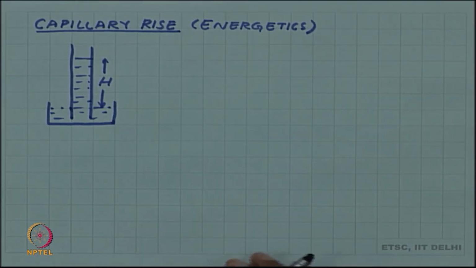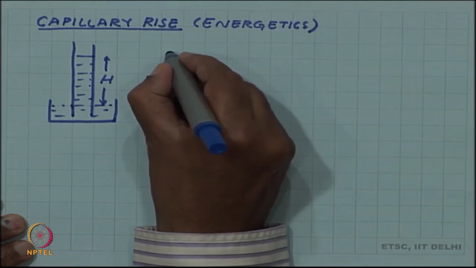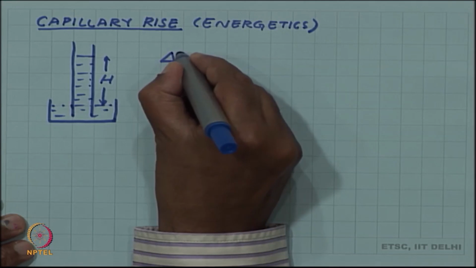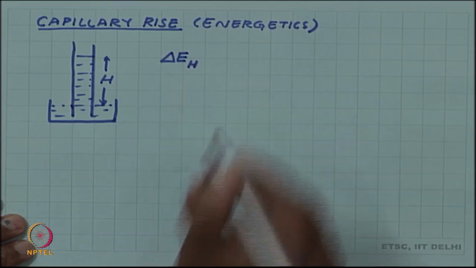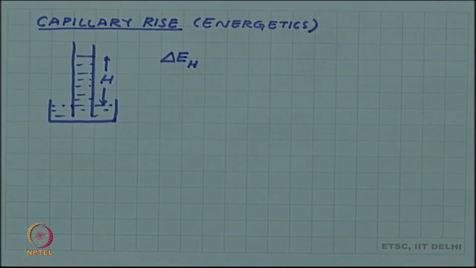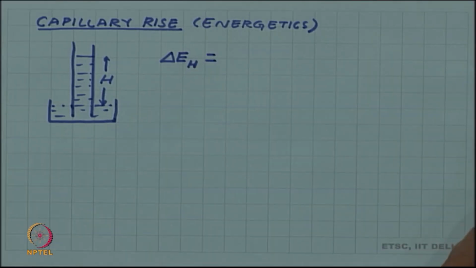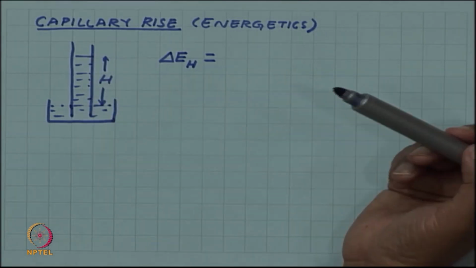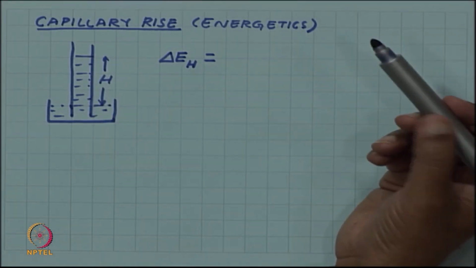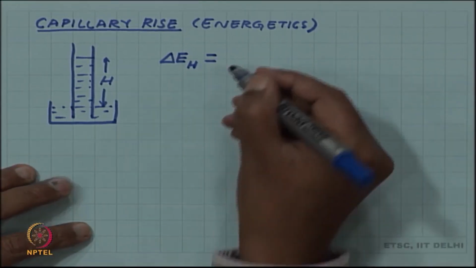Now, if we want to write out the energy terms just like we did for nucleation, we want to write down the change in energy delta E for the formation of a liquid column of height h. If you see, the potential energy of the liquid is actually rising. So, this cannot be the driving force, it is actually an opposing term. So, let us first write down that.